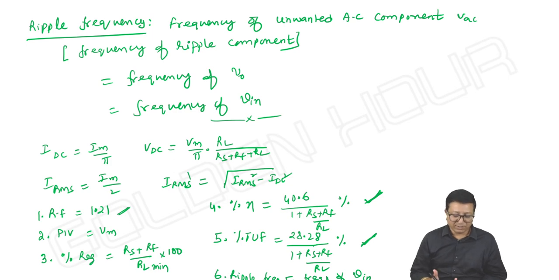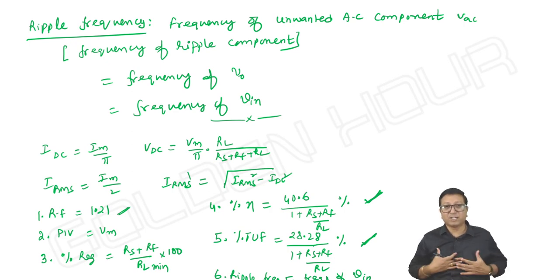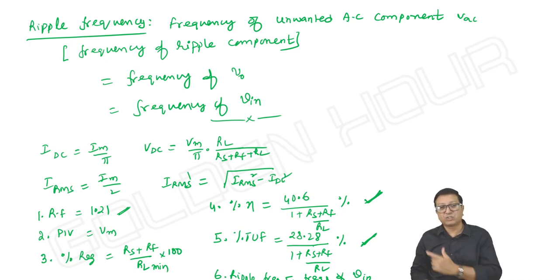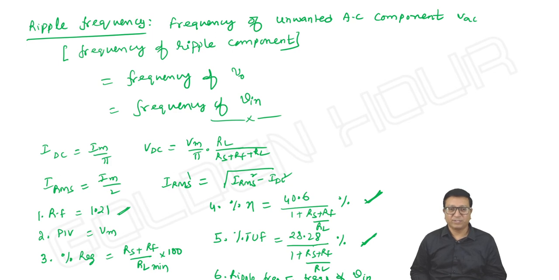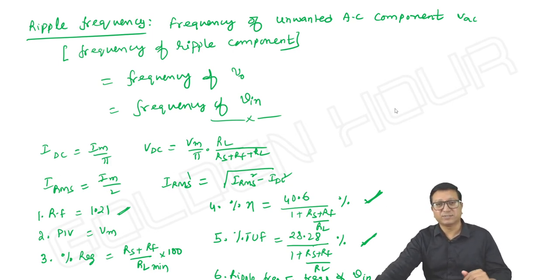Peak inverse voltage should be high, which means it is blocking the signal. That's a good thing. At the same time, it should not reach the avalanche breakdown voltage. That's the idea. Percentage regulation should be as small as possible. That is about the half wave rectifier.